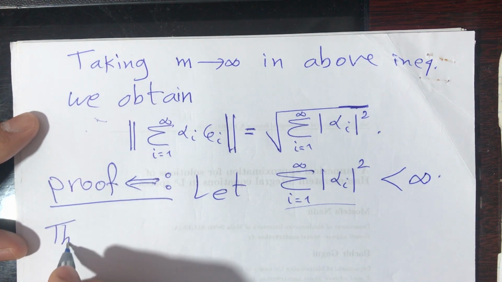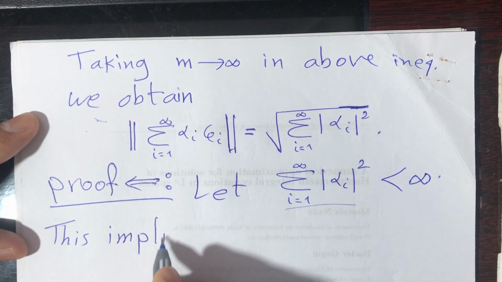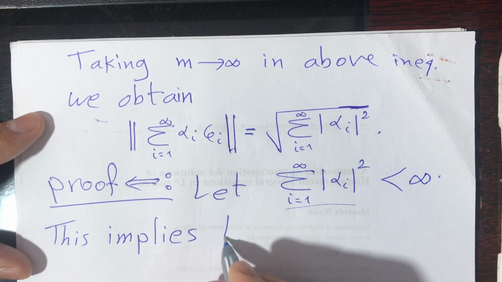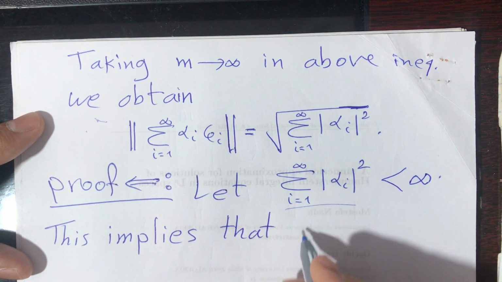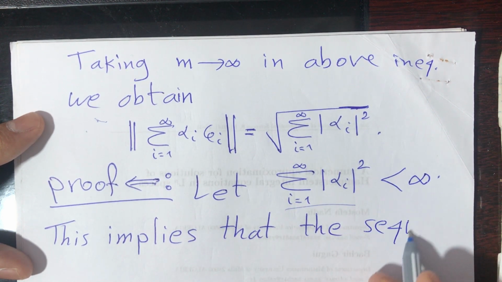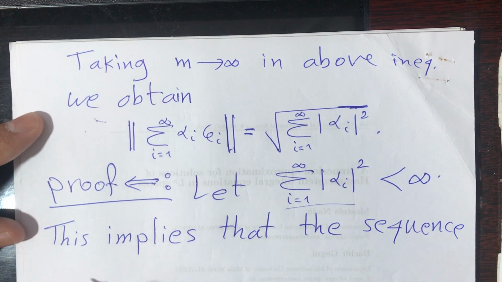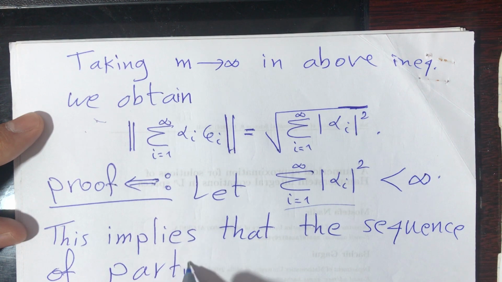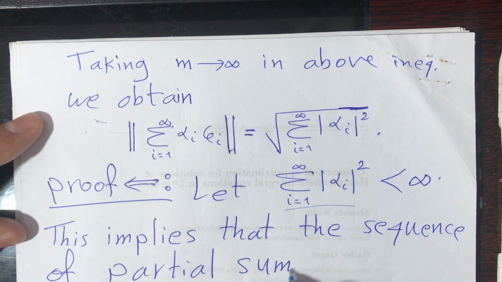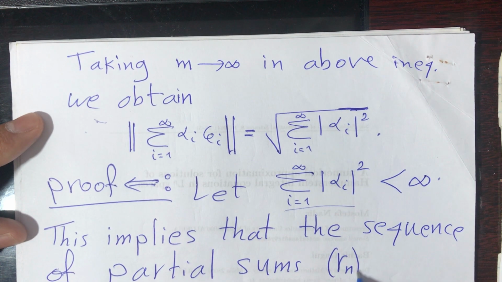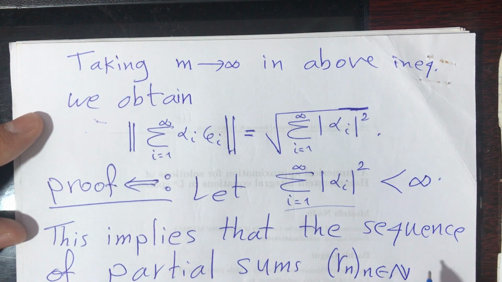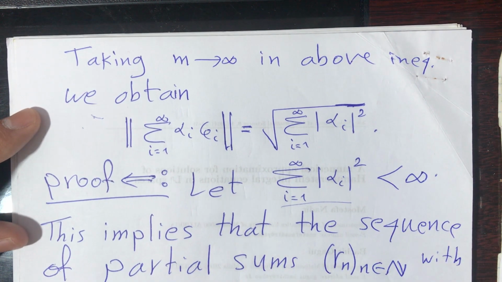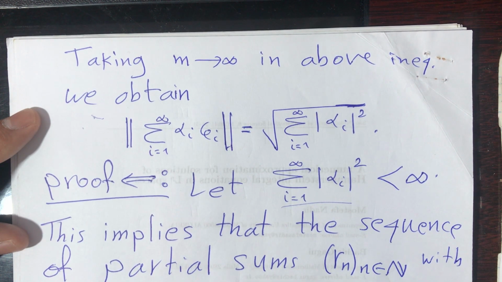This implies that the sequence of partial sums R_n, n belongs to the natural numbers, with R_n equal to the summation I from 1 to n of alpha I squared, is the partial sum.